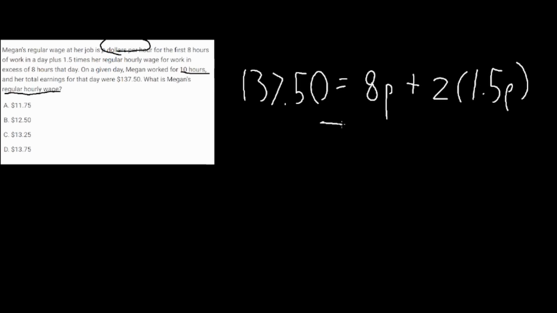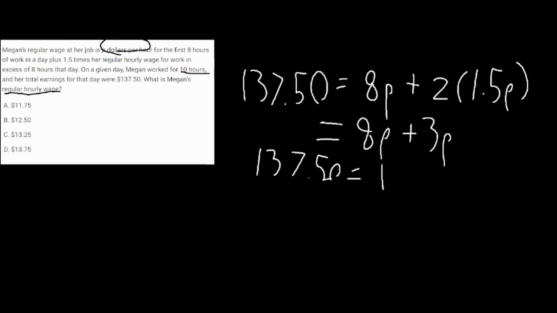So if we then multiply that all out, we get 8P plus 3P, giving us 137.50 equals 11P. Now if we divide by 11, we get P equals 12.5, giving us answer choice B.